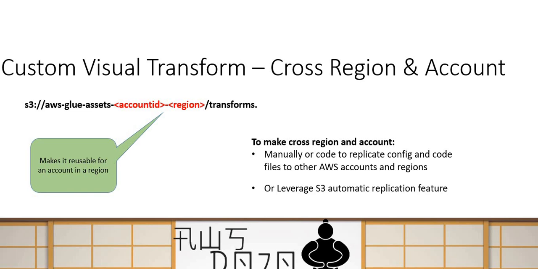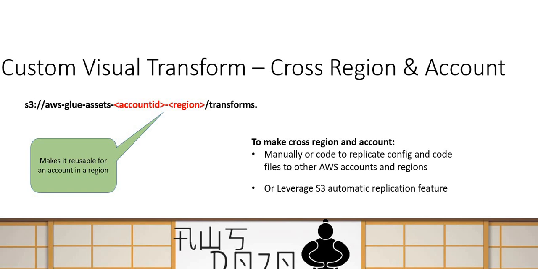Or if you want more automation without writing any code, then you can use the S3 automated replication feature, where you choose one account, one region for development purposes. Once you create any custom transform and upload it, it should automatically get replicated to the other account and other region, and that's it. There is no account or region hard coding in your config file or in your code.